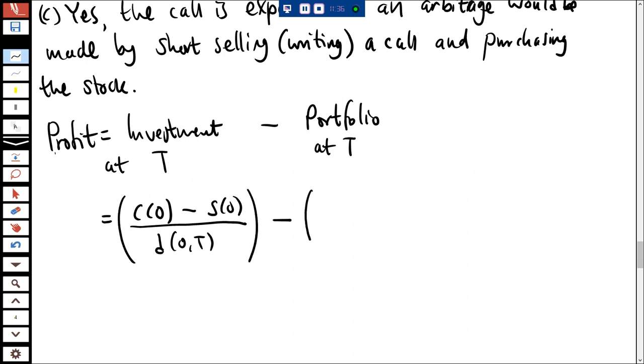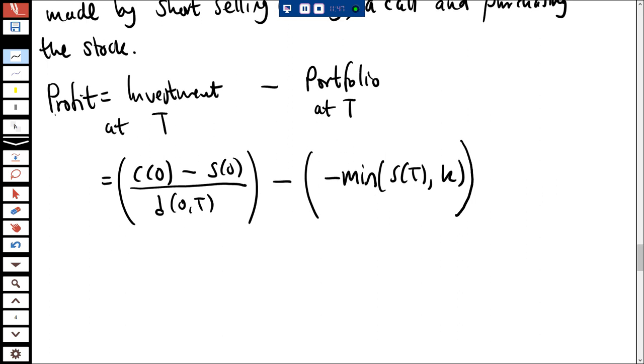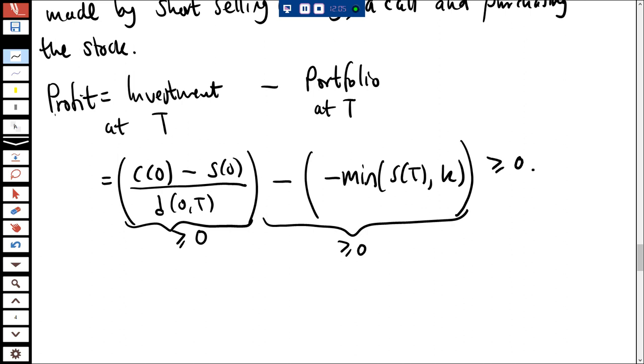And the investment, we've already seen this. The investment is the negative minimum of the share price and K. Okay, and if we compute these, we find the first one is bigger than or equal to 0, just from our setup. And the second term, the negative, is bigger than or equal to 0. And so the profit would in fact be bigger than or equal to 0, which completes part C of this question. Okay, I think that's the complete answer for this one.